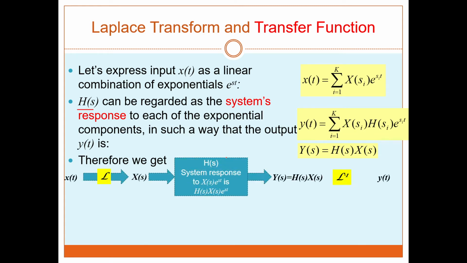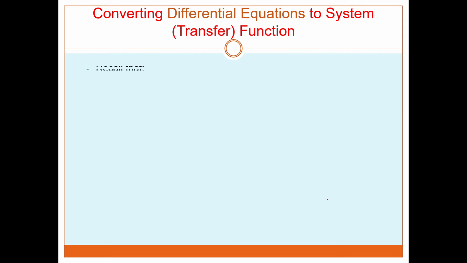So that means if you have the function X(si) e^(s1 t) as the input, the y(t) will be dependent on the frequency response H(s) multiplied by the input. So the output is equivalent to the system response multiplied by the input.